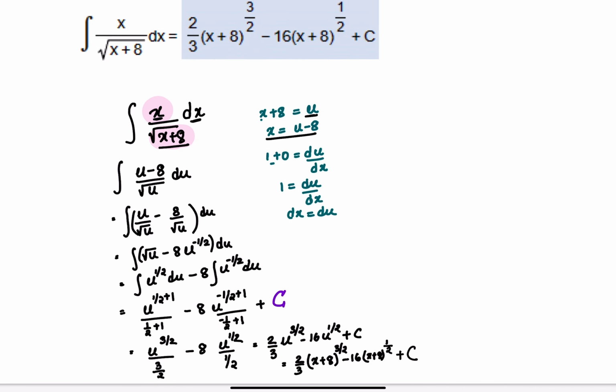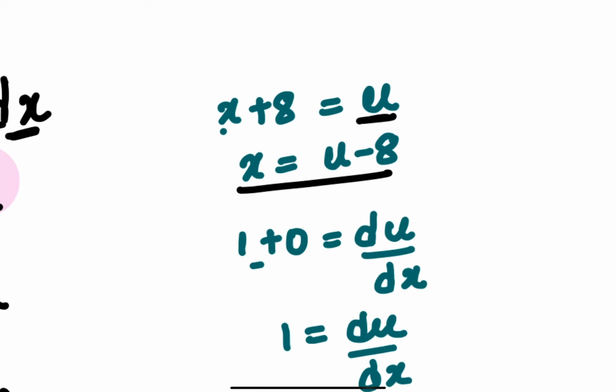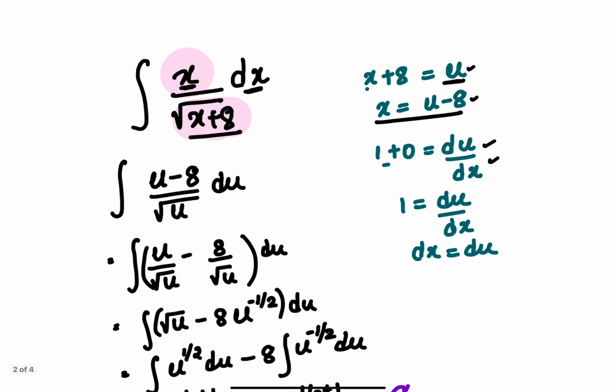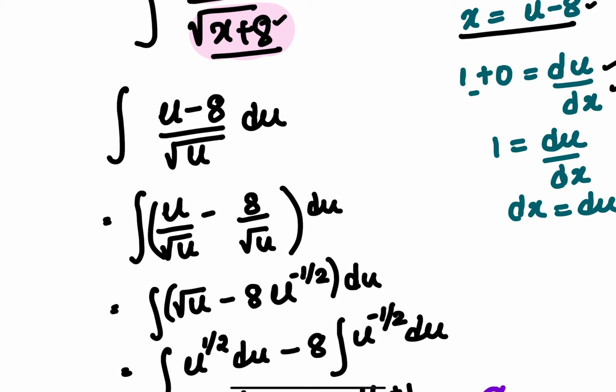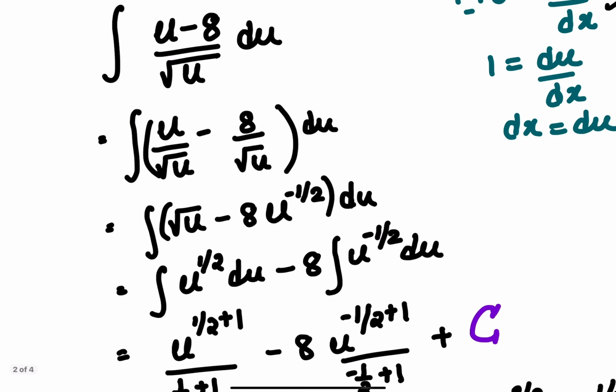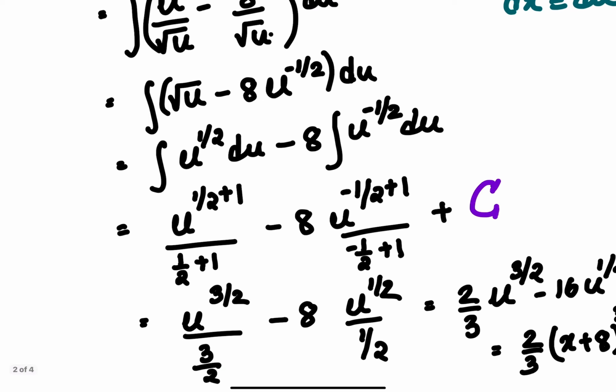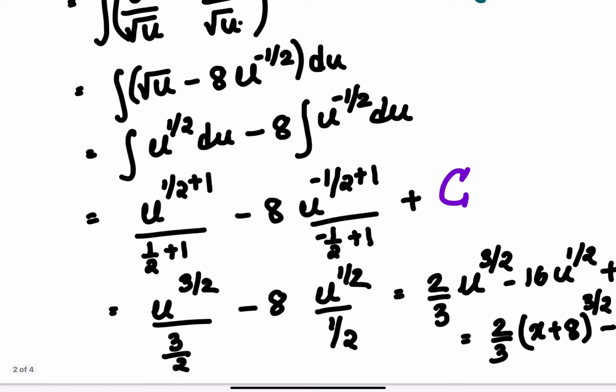There you go. So very carefully, what you're doing here is first you're going to take your x plus 8, change it to u, you're going to find the x, and then you know your du is your dx, and then you go back here and substitute your u, substitute your x plus 8, and because that's a radical, you're going to divide everything with the radical, change your radical to the power half, and because it's in the denominator, it becomes a negative half, and then you're going to use the formula of integrals, which is integral of x power n dx is x power n plus 1 over n plus 1 plus C, right?